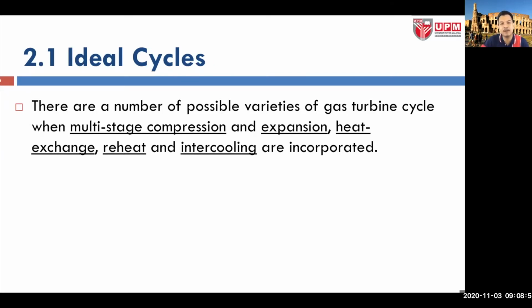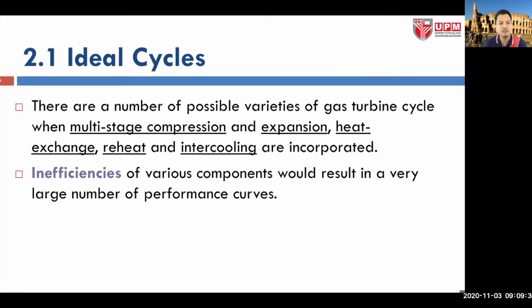So you can have various possible gas turbine cycles, as we have shown in the introduction last week, where you looked into a simple gas turbine cycle, open cycle, closed cycle, cycle with heat exchanger, intercooling, reheat, power generators, and so on. So we can have many varieties in terms of the type of gas turbine cycle.